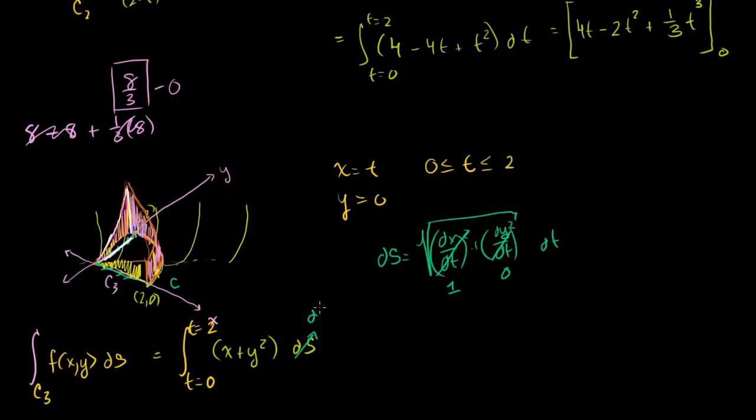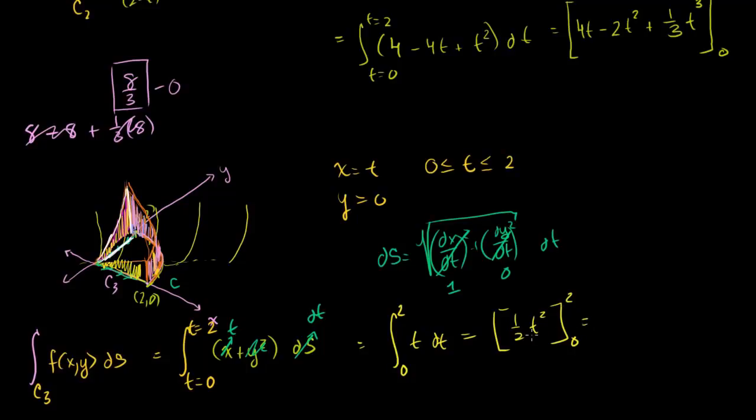So this just becomes dt. And then our x is going to be equal to t. That's our definition of our parametrization. And y is 0, so we can ignore it. So this was a super simple integral. This simplified down to the integral from 0 to 2 of t dt, which is equal to the antiderivative of t, which is just 1/2 t squared, from 0 to 2.